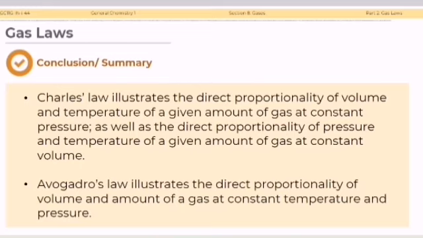Charles' law illustrates the direct proportionality of volume and temperature of a given amount of gas at constant pressure, as well as the direct proportionality of pressure and temperature of a given amount of gas at constant volume. Lastly, Avogadro's law illustrates the direct proportionality of the volume and amount of gas at constant temperature and pressure.